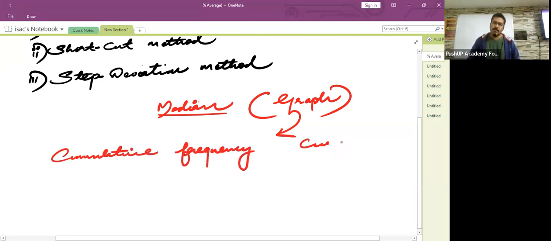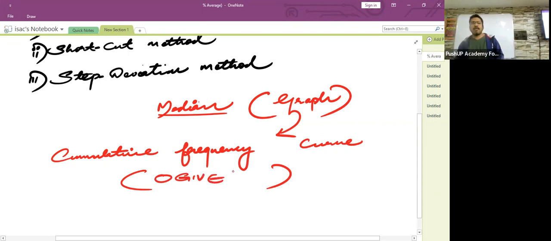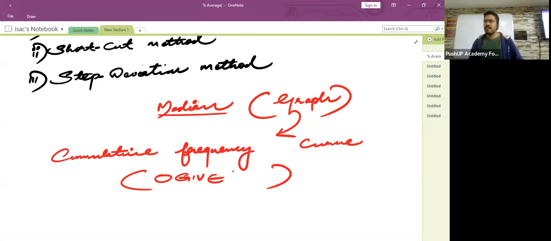To draw the cumulative frequency curve, which has also been given another name, known as ogive. O-G-I-V-E. Was it taught in school? Your teacher must have used either the term cumulative frequency curve or the term ogive, isn't it?